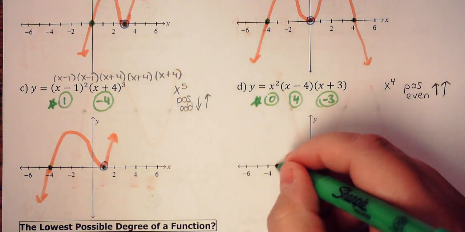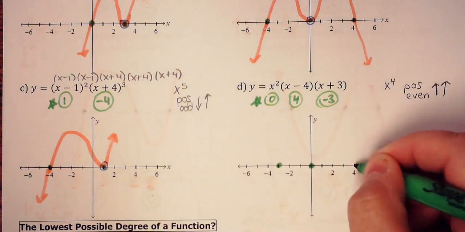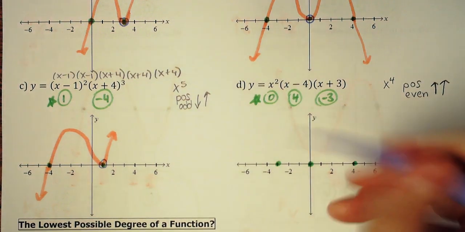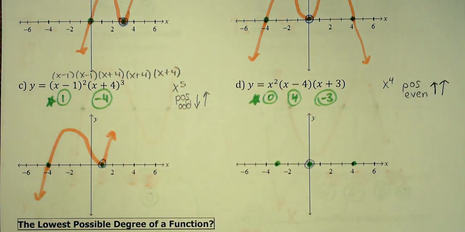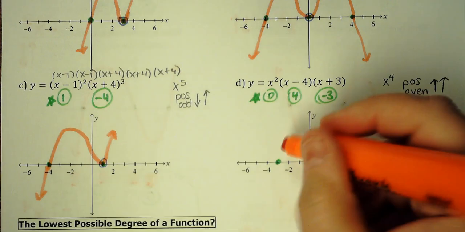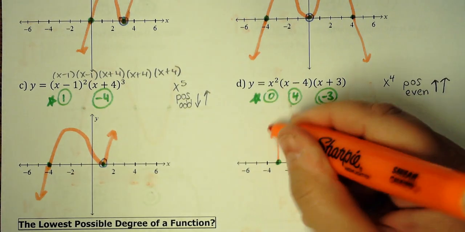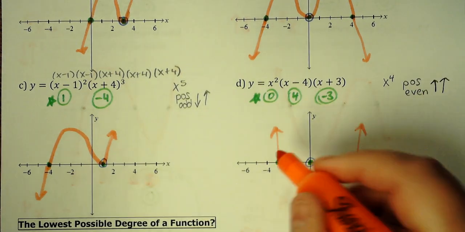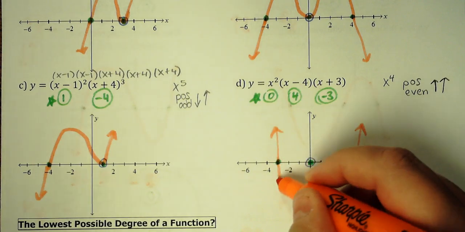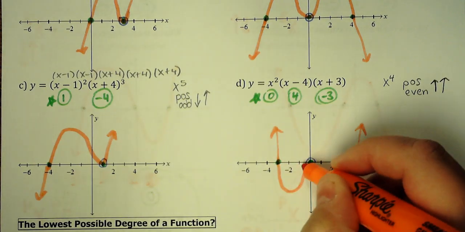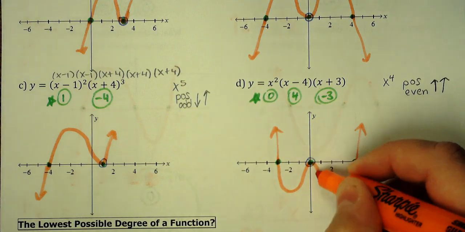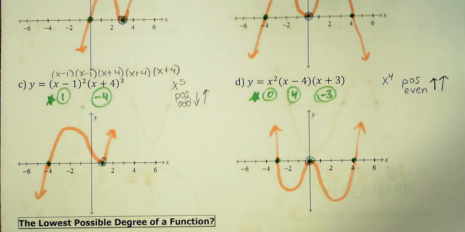So here's negative 3, here's 0, here's 4. Little reminder, so I bounce. My end behavior is going to be up and up. Up at the beginning and up at the end. Okay, odd multiplicities, go ahead, go through the x-axis, but you know you have to come back up to go through 0. Bounce back down, and then you have to come back up to go through the 4.